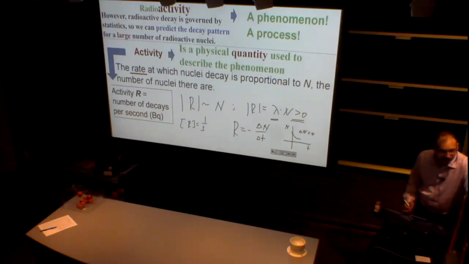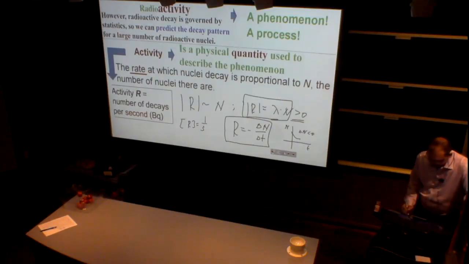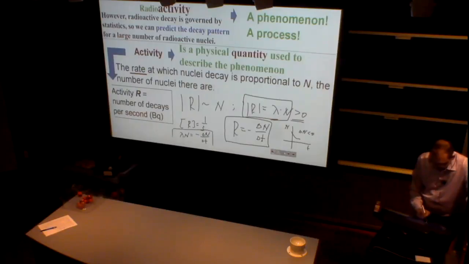Well, we have to write a minus, exactly like we did for Faraday's law, for example. So this is an official definition of activity, and this is an official mathematical equation for activity. And if we combine these together, what we have is an equation for the number of radioactive elements, how this number changes in time.